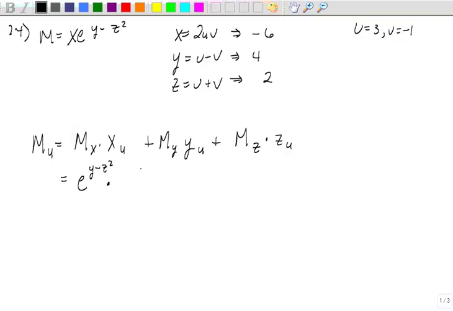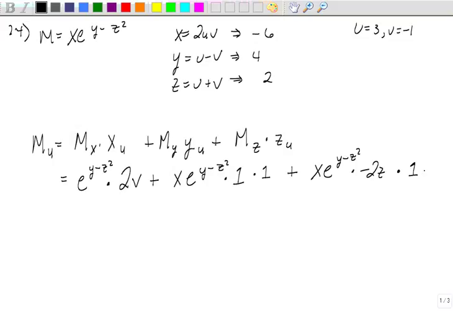Derivative of x with respect to u, v is a constant, so that's just 2v. Now do it with respect to y, x and z are constants. And then y with respect to u is 1. And with respect to z, take the derivative of the exponent. And z with respect to u is 1.